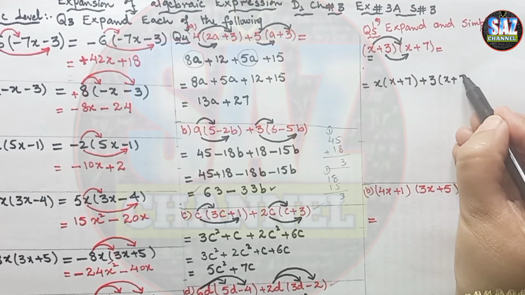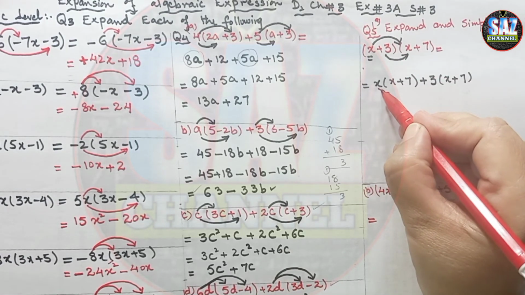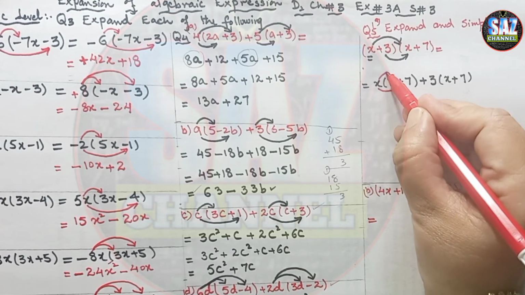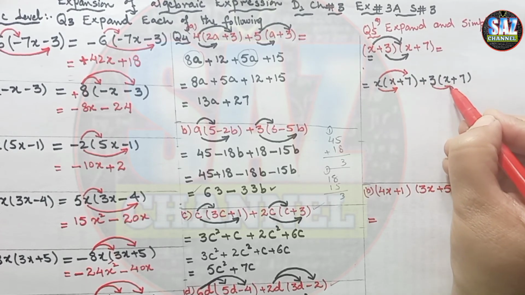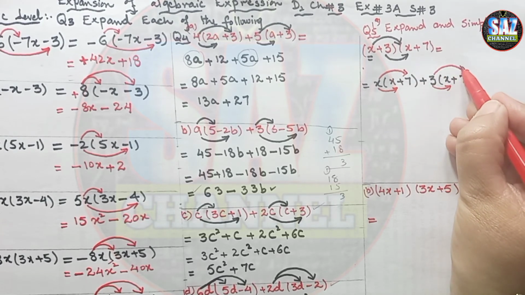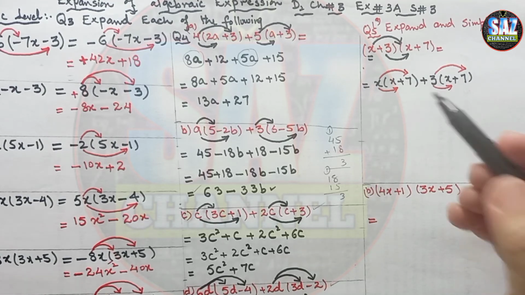And now again we have to apply distributive property, that we have to remove the bracket carefully, okay, and then this x will be multiplied by 7, and the same for 3 and the second bracket. Now from this step, this question is similar to questions 2, 3 and 4.